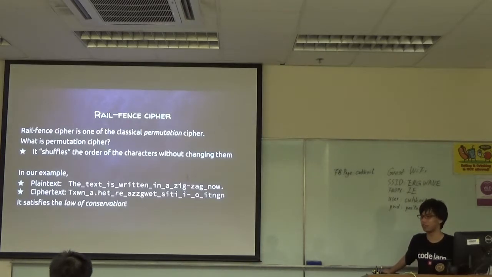The characters are conserved. You can see that the number of characters is always the same, as what we have done is to change the order of the letters, but not replace a character with another. So what it really does is to shuffle the order of characters only. Yeah, so it is called permutation.